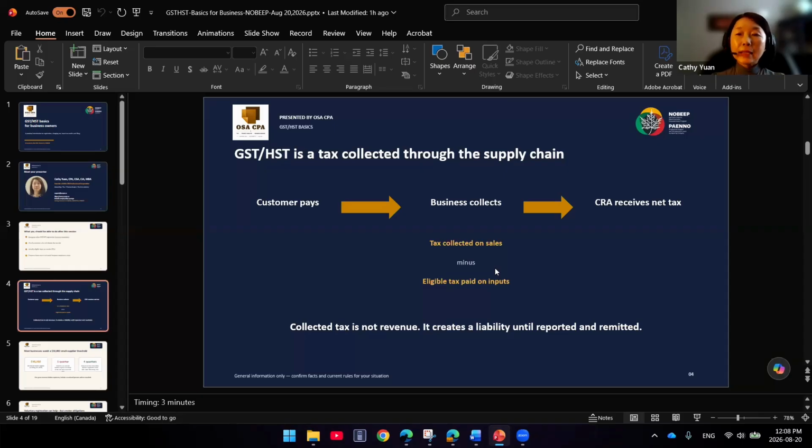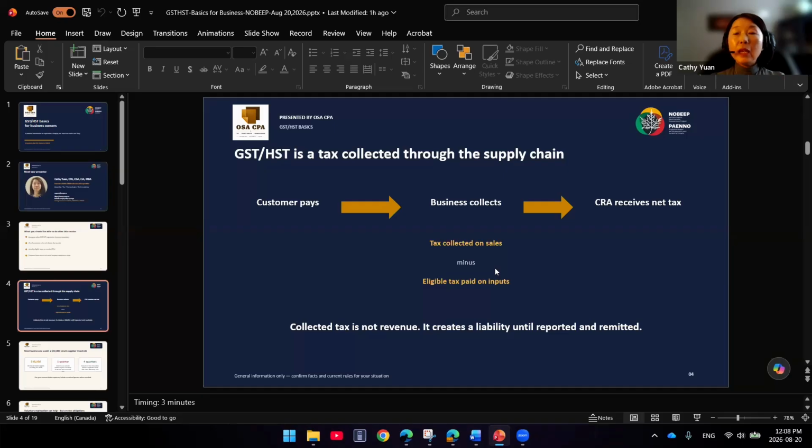The total tax collected from customers minus the input tax we paid is the net tax we should pay to the CRA.